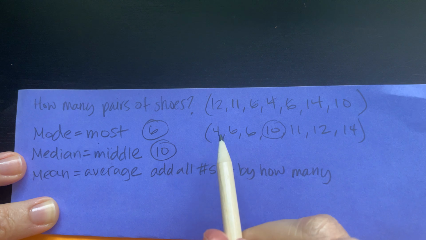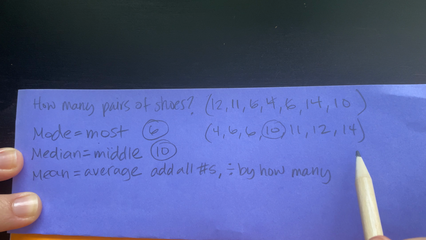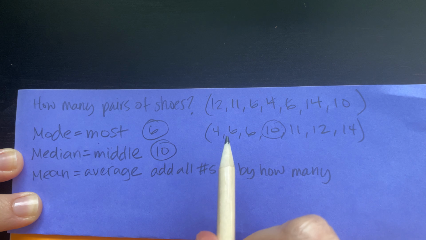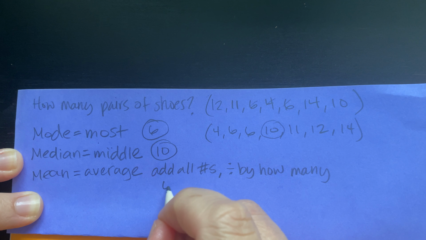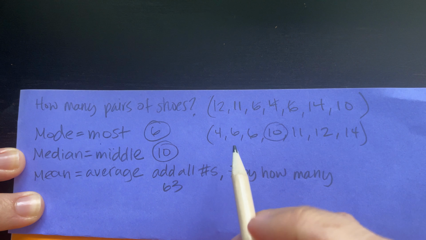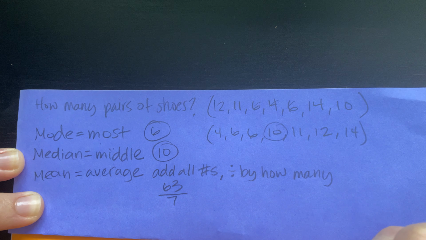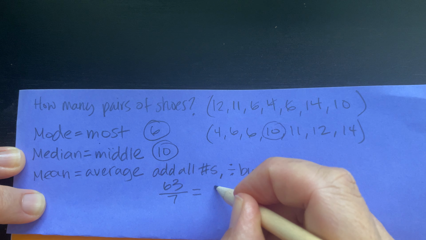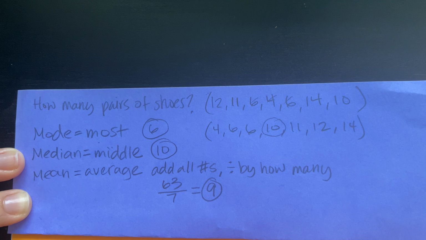So go ahead and, using this set of data, find me the mean. Okay, so when you add all those numbers up, you should have gotten 63. And then there are 1, 2, 3, 4, 5, 6, 7 numbers there. So it'd be 63 divided by 7. So the median is 9. Or excuse me, the mean. The mean is 9, sorry.